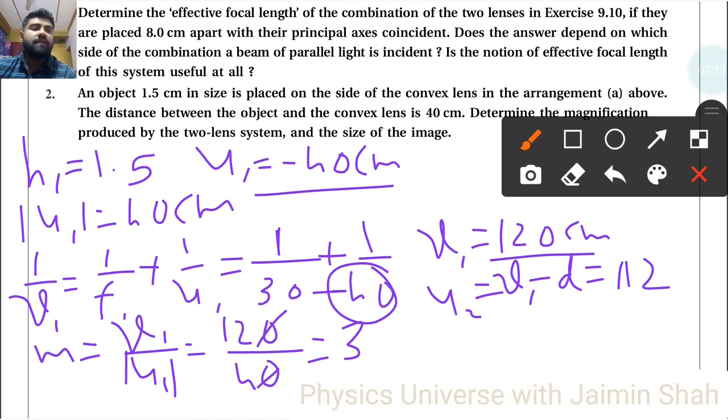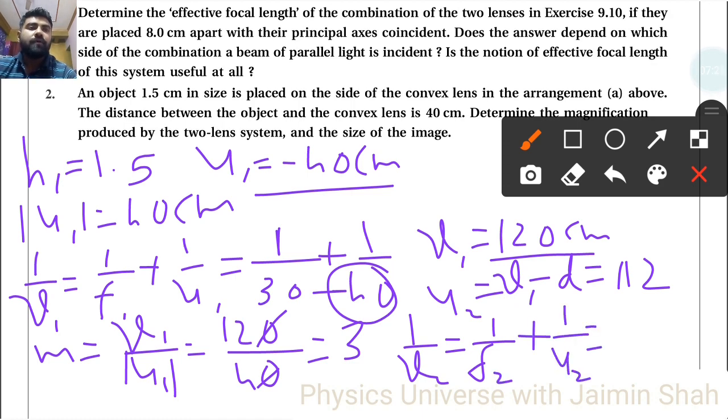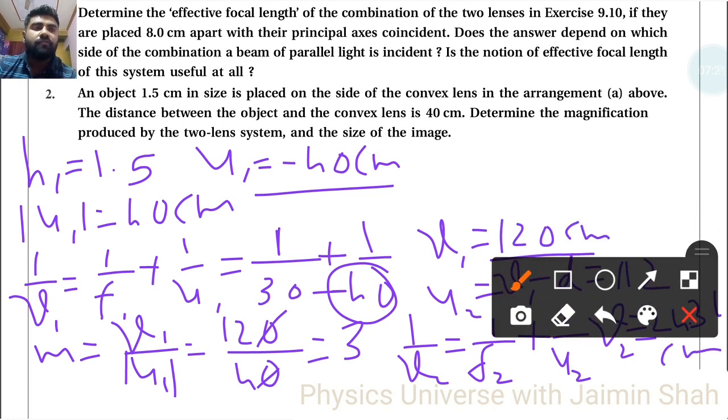Now we have to find v2. So 1 upon v2 is again 1 upon f2 plus 1 upon u2. So v2 will come out as minus 24.34 centimeter. Now the magnification m dash is equal to v2 upon u2, mod value of that.